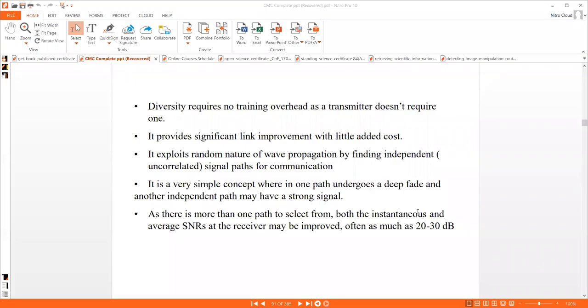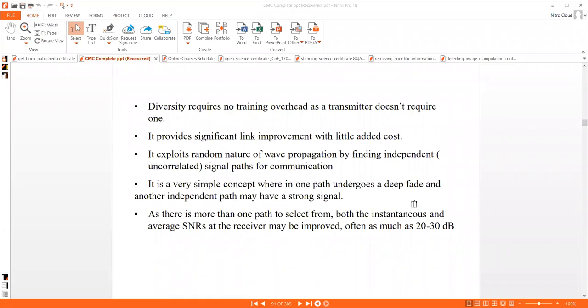As there is more than one path to select from, both the instantaneous and average SNRs at the receiver may be improved, often by as much as 20 to 30 decibels, which is a higher value than our required 18 decibels as studied in the last classes.